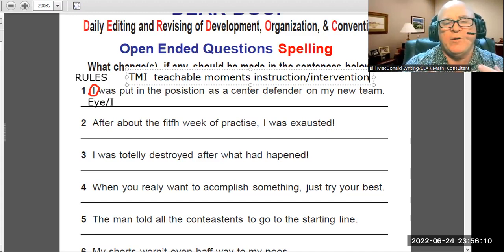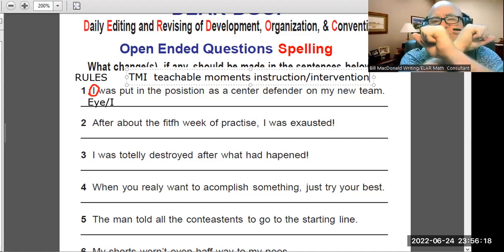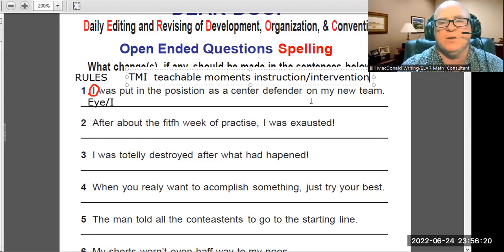It's like watering the grass over again, because some kids are not GT, they're ET, needing extra time or extra practice on a certain skill.